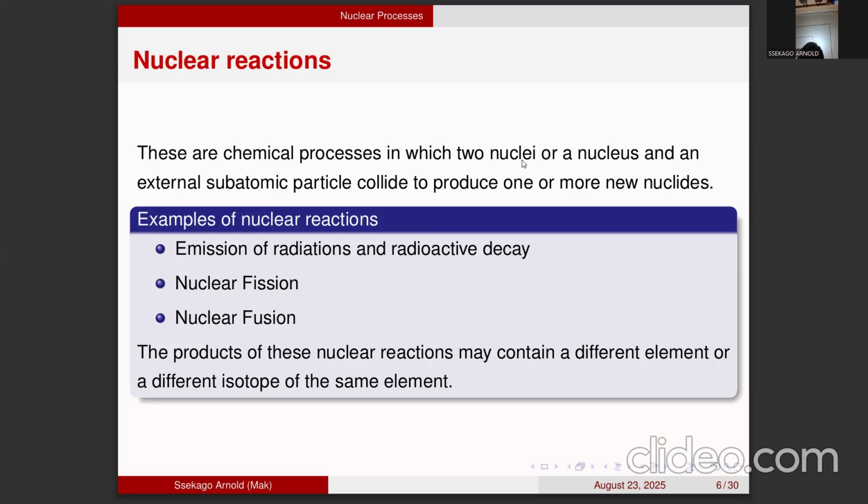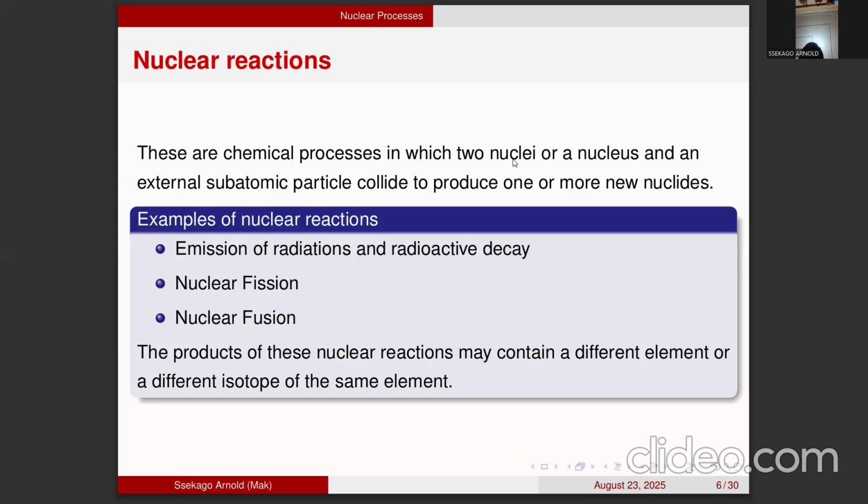However, we can also have combination of nuclei. If I have nuclei of smaller atoms, e.g., isotopes of hydrogen like deuterium and tritium, they can combine, they can fuse, so that the process results in formation of the nucleus of a heavier atom.